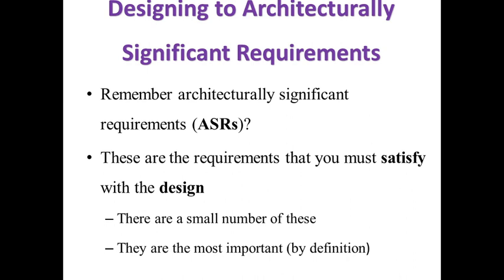You know what architecturally significant requirements are, which we studied in the previous chapter. They tell the quality attributes of the system, right? These requirements must be satisfied within the system, and they are small in number but they are the most important. Clear?